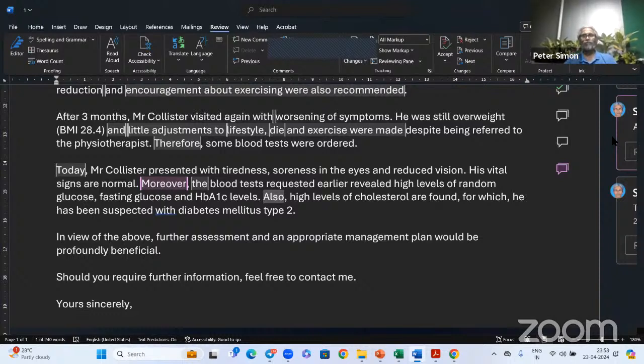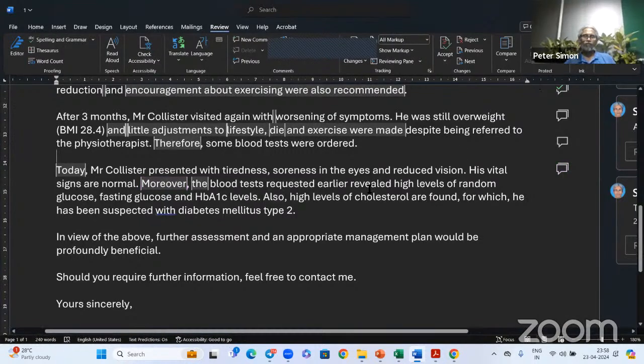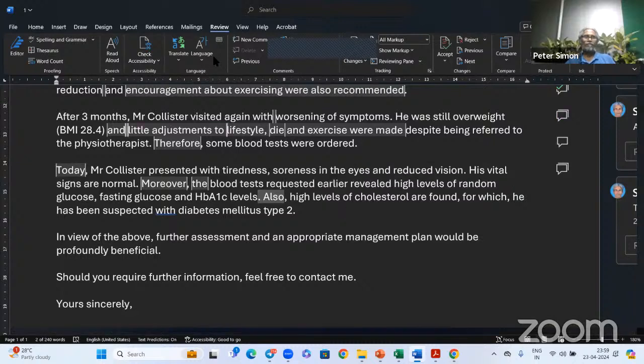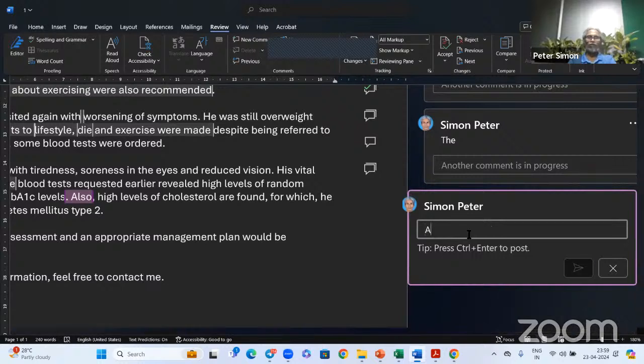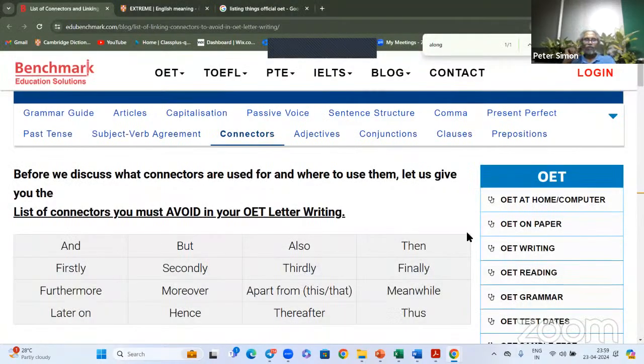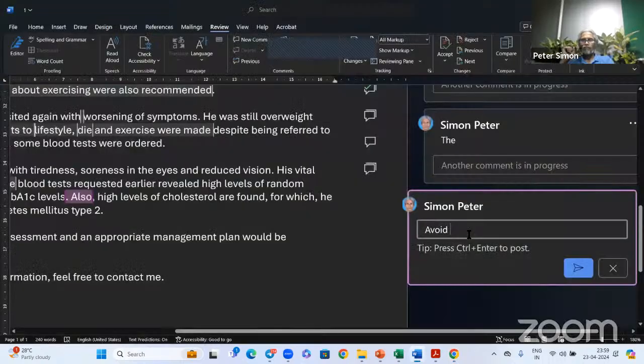Okay, avoid the word also in the beginning of the sentence.